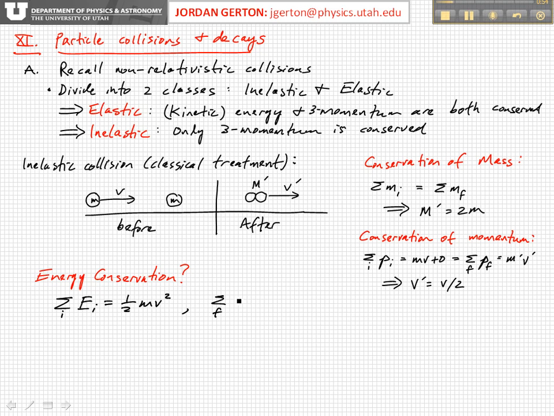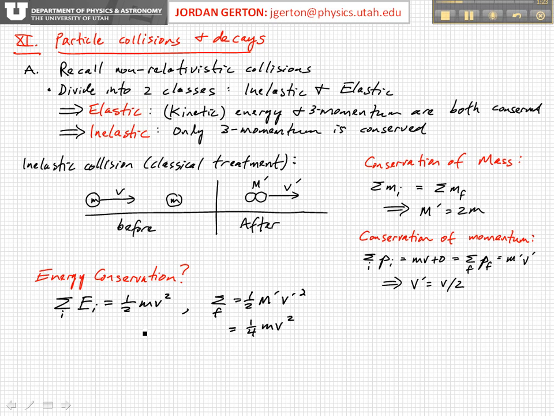And the total final kinetic energy is just 1/2 m prime v prime squared, which in the end is 1/4 mv squared. v prime is equal to v over 2, m prime is equal to 2m, and so you get that the final kinetic energy is 1/4 mv squared.